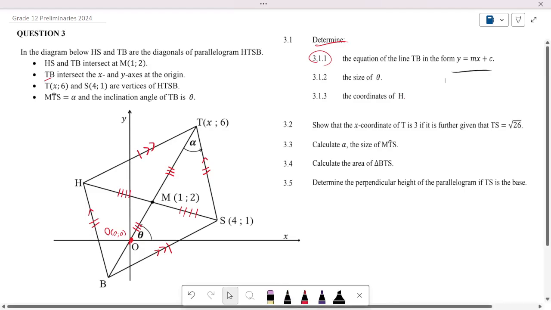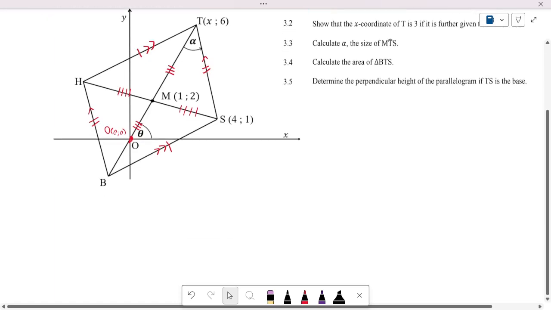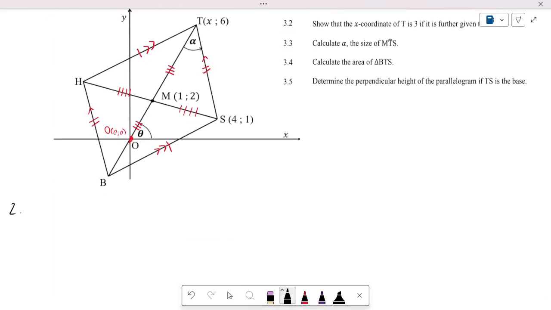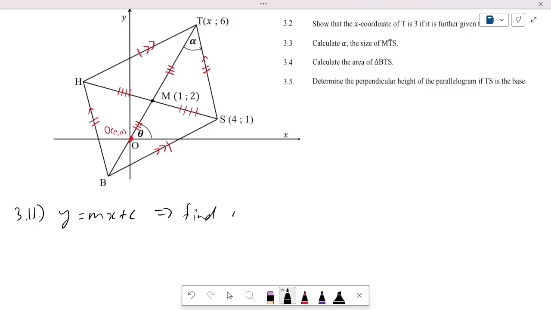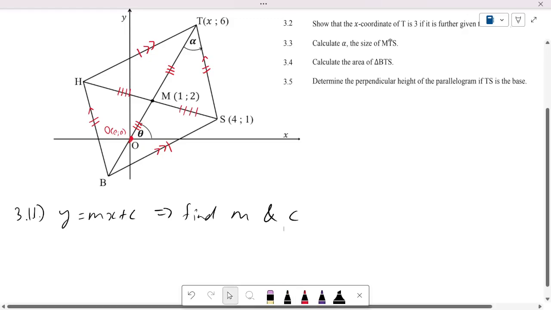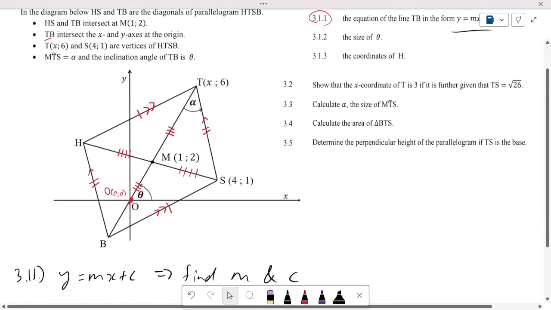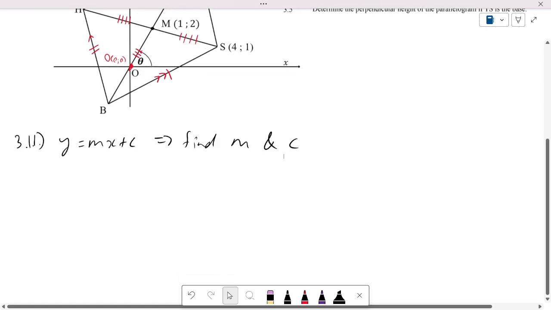Okay, so first of all, whenever we want to get this stuff into the form, it's actually 3.1.1 that says the following. So we need to get into the form of y equals mx plus c, where we say that we want to find m and c.